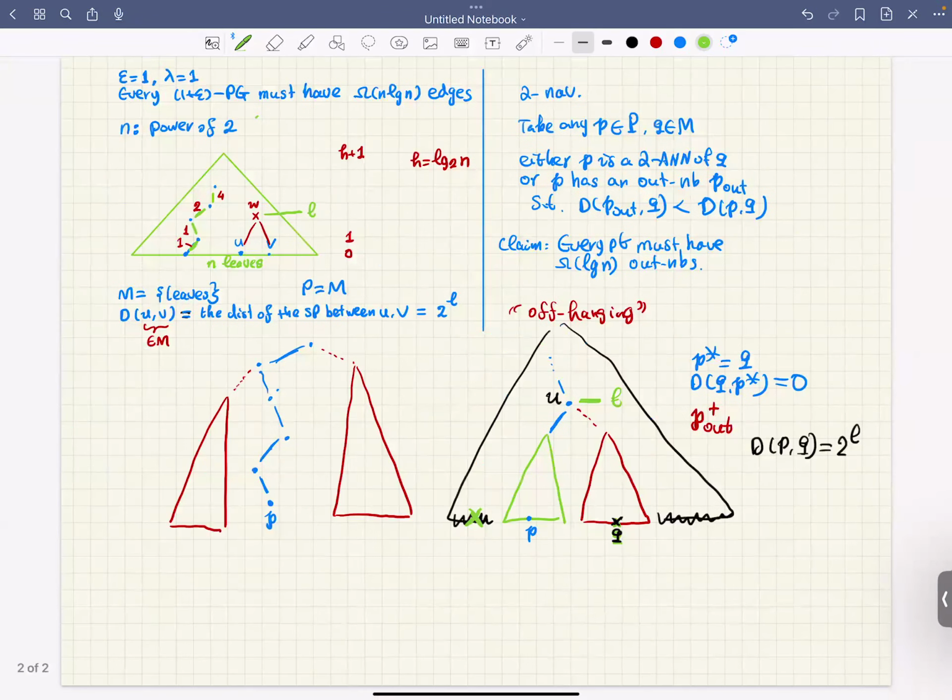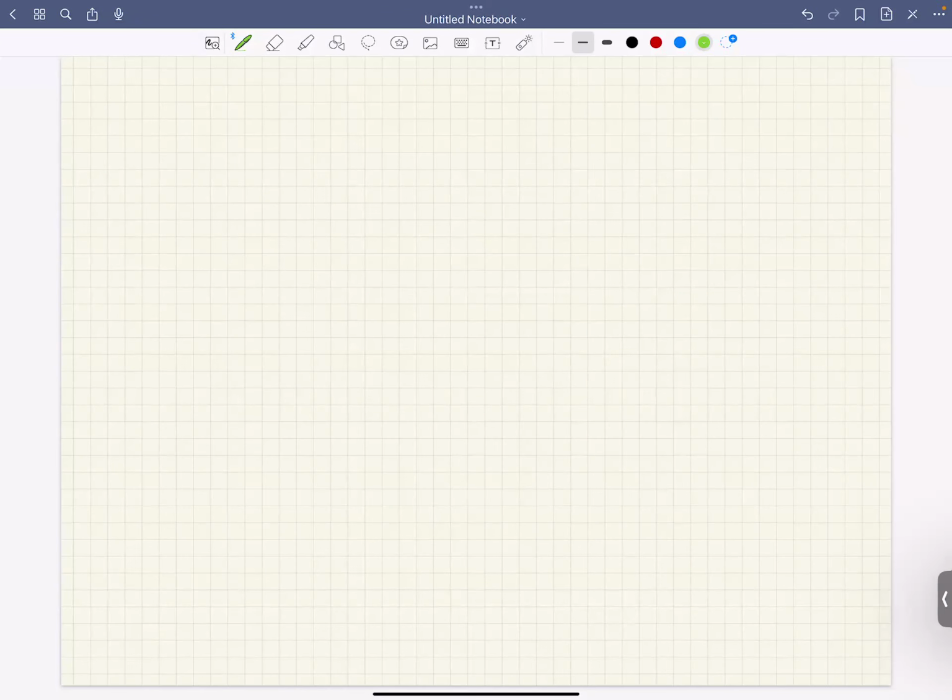So I've been talking for 1 hour, and I believe I have given you a main idea of how a lower bound is proved on the space of a proximity graph, right? So I won't go through the whole proof for the strong lower bound, but I'm going to quickly tell you the idea, right?